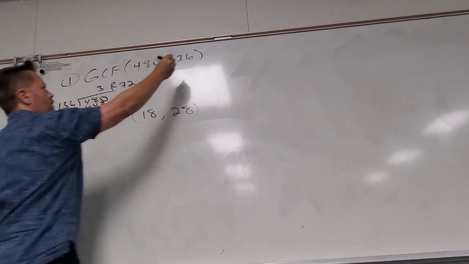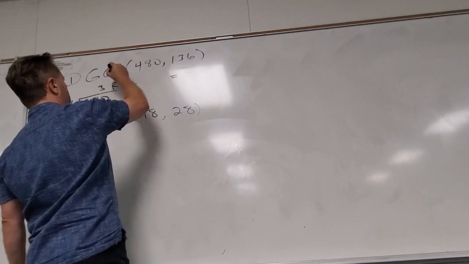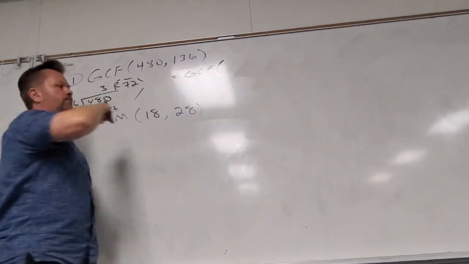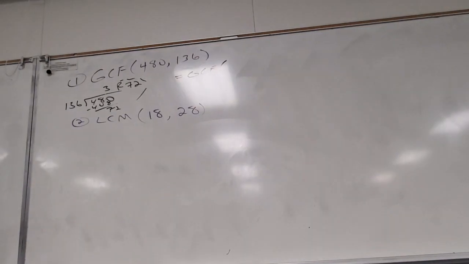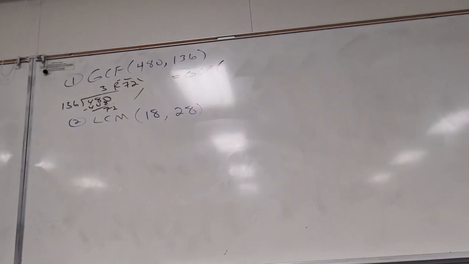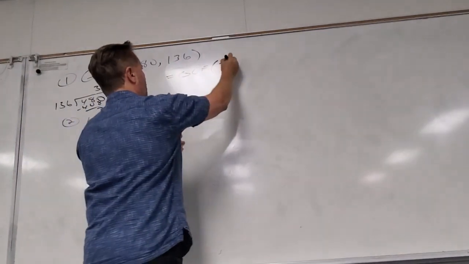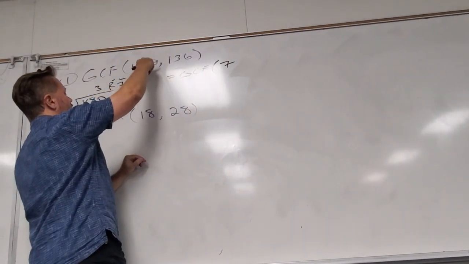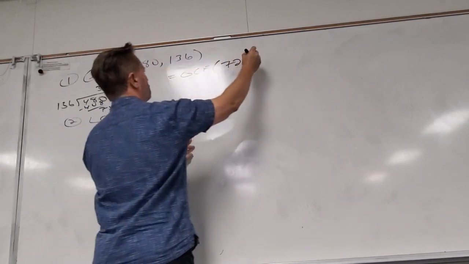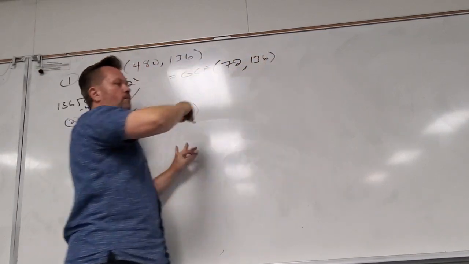So now, what does this equal? The GCF of 72. Yeah, so I can replace the big dude because I just subtracted him down to a smaller place. I like it. So whatever the GCF is of these two, it has to be the same as the GCF of 72 and 136.